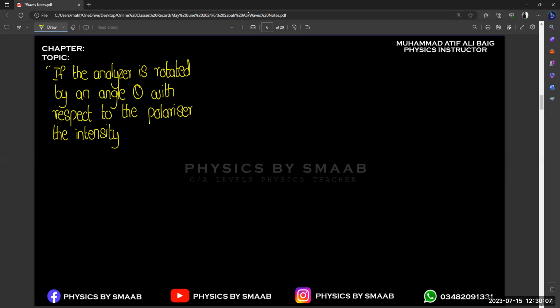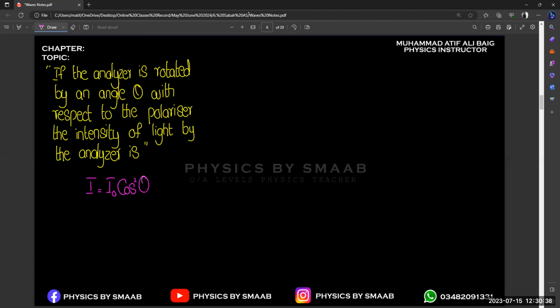So with respect to the polarizer, the intensity of light passing through the analyzer will be equal to I equals I naught cos square theta.